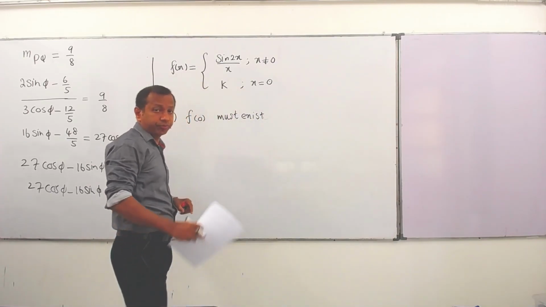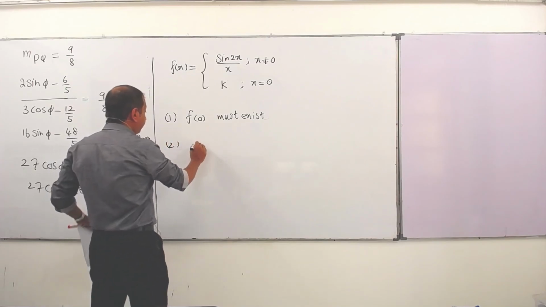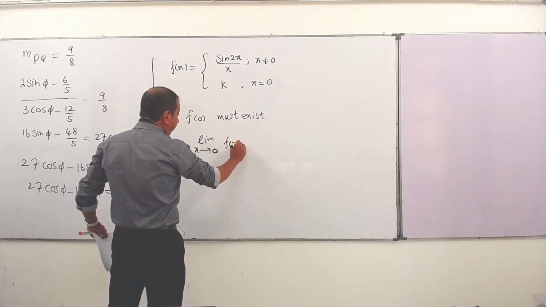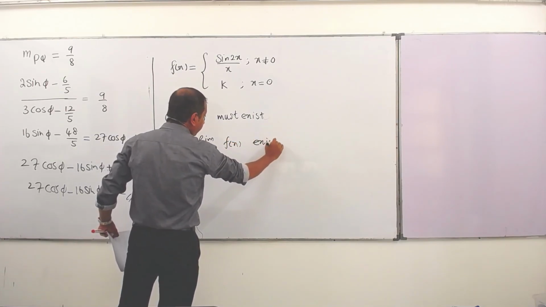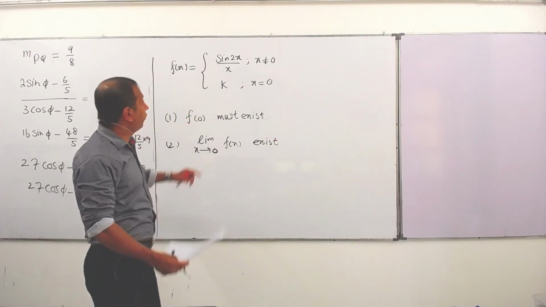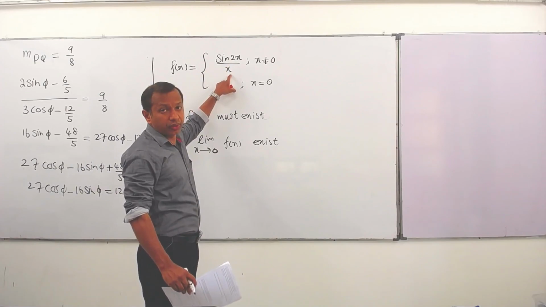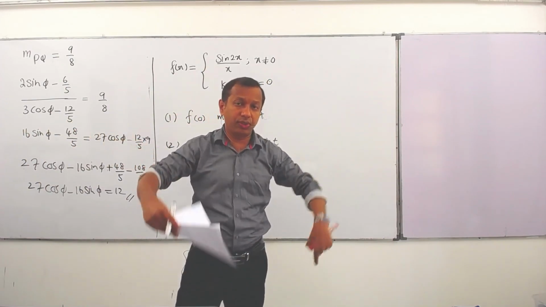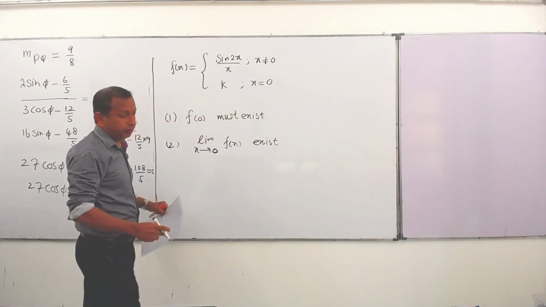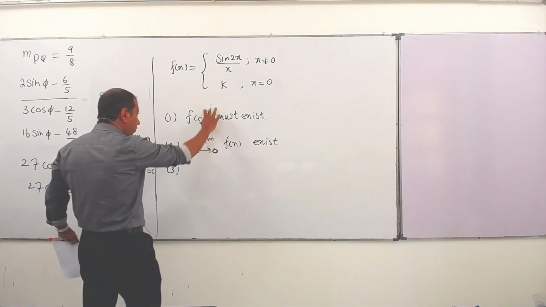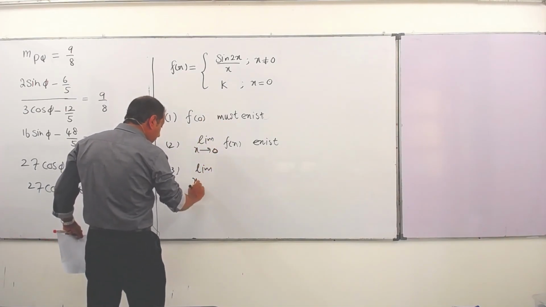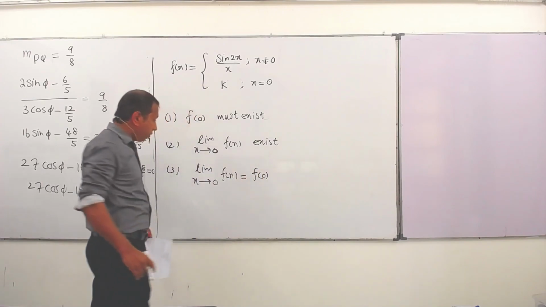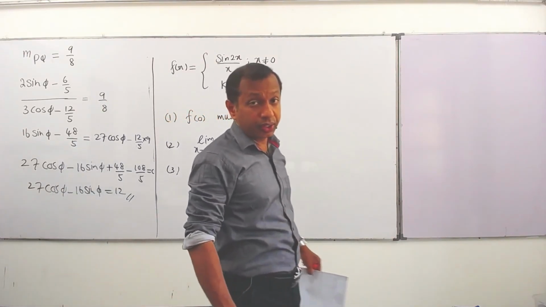Secondly, the limit as x goes to 0 of f(x) must exist. That also we can find: sin 2x upon x is the functional value when x is not equal to 0, and we can come to 0 from both ends. Third, this limit should be equal to f(0). These three conditions should be satisfied for a given graph to be continuous at a given point.